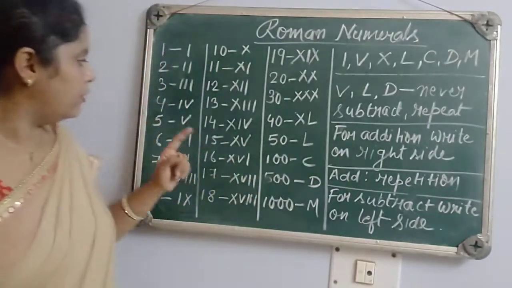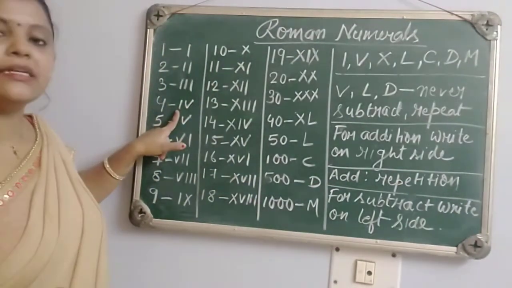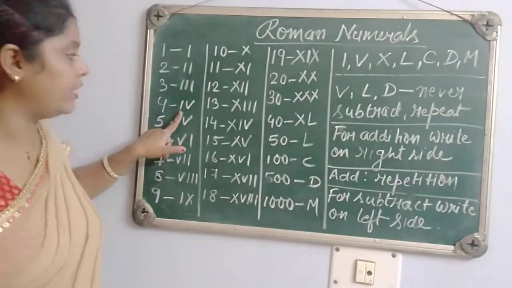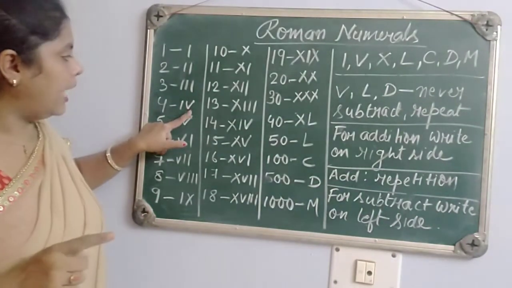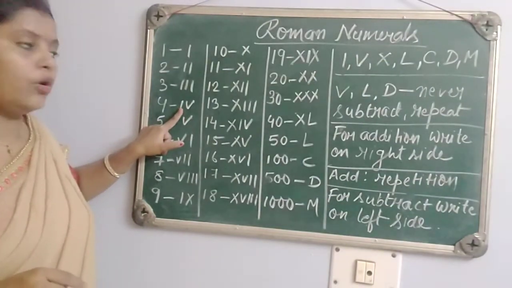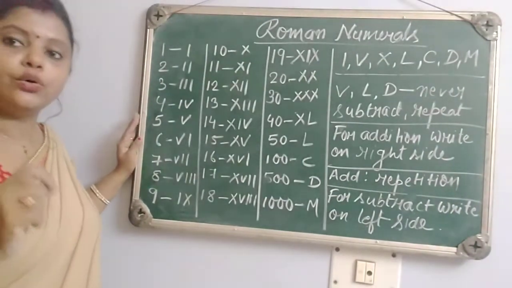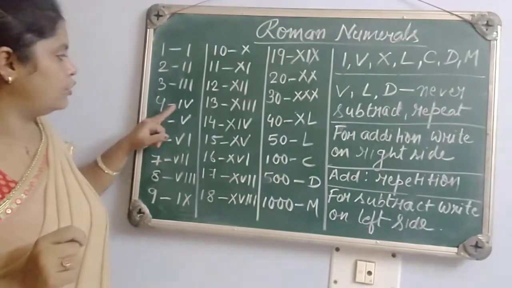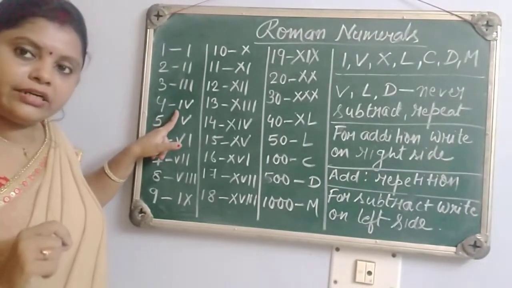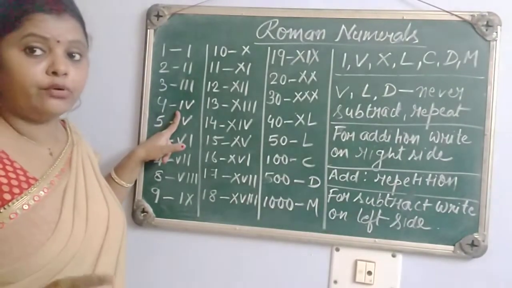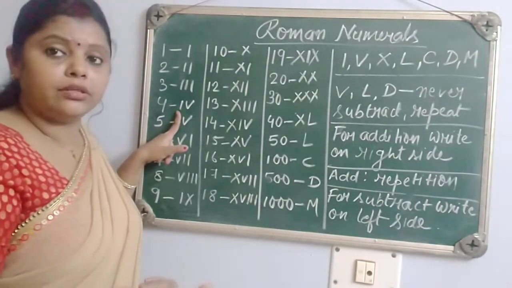So we do 5 minus 1. You can see what I have done: first I have written 5, and for subtracting 1, I have written the symbol on the left hand side. So it becomes 4. If I have to subtract, I write on the left hand side, but if I have to add, I write on the right hand side.